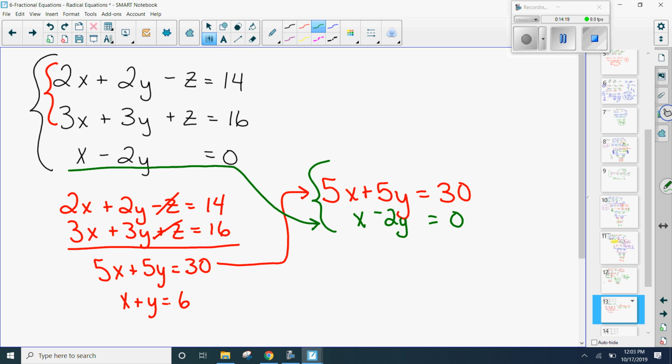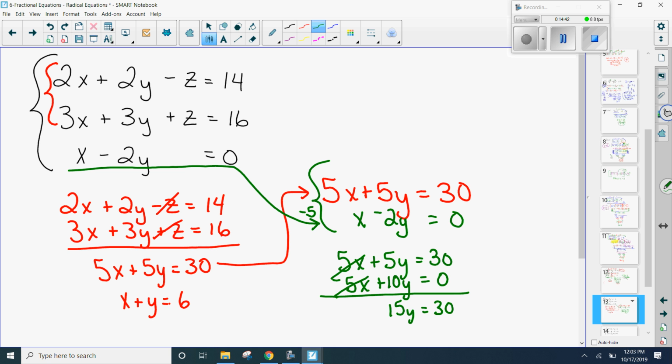I'm guessing you would take the bottom one times negative 5. So you're going to get 5x plus 5y equals 30. The bottom becomes negative 5x plus 10y equals what? 0. The x's cancel. You get 15y is equal to 30. So y is equal to 2.